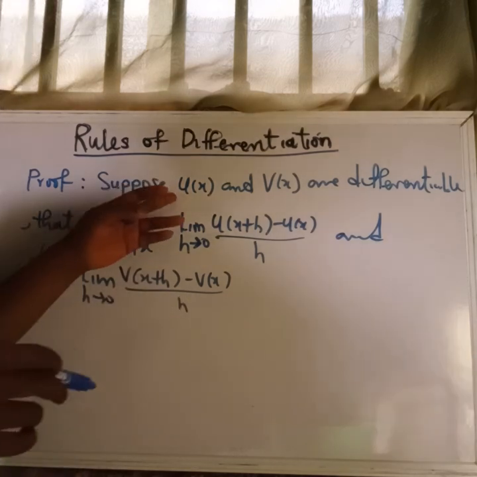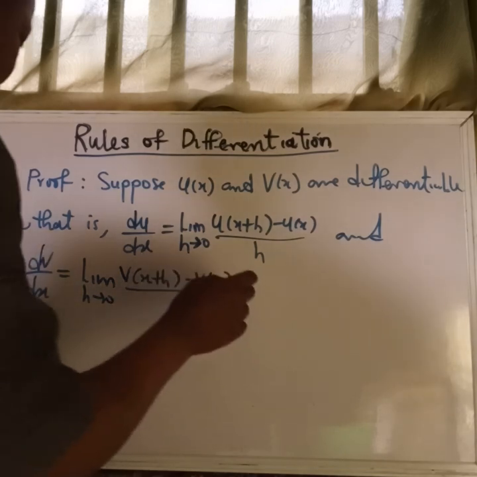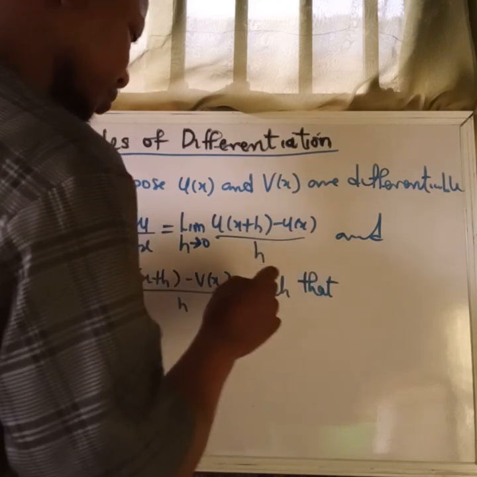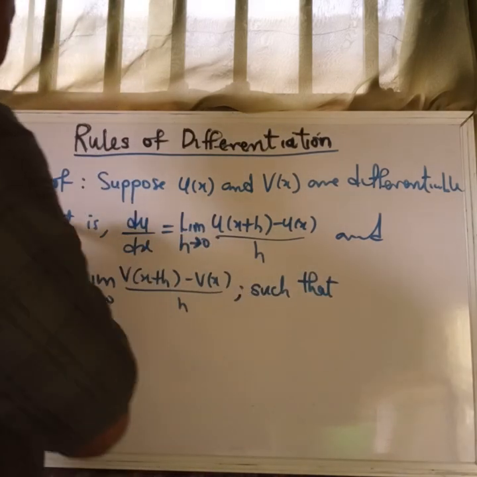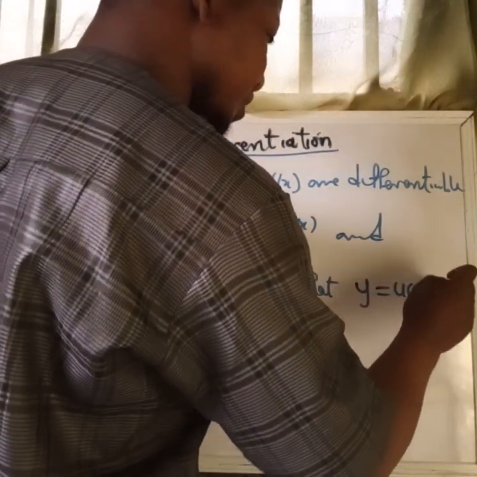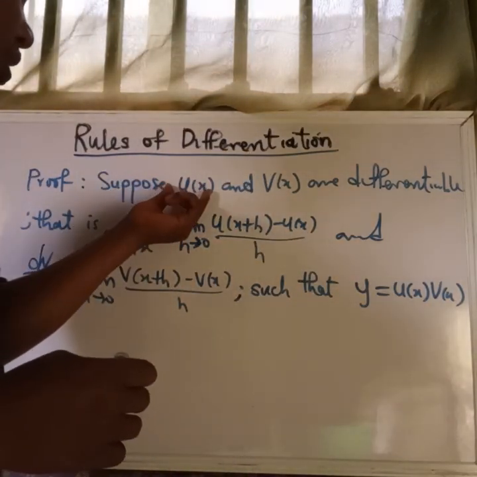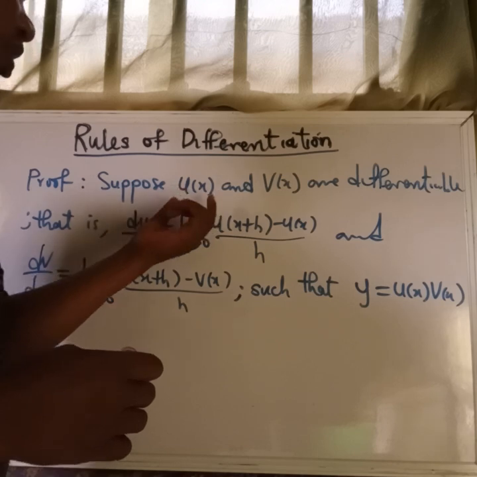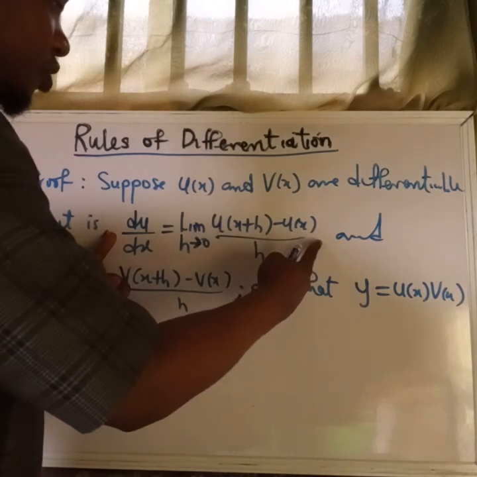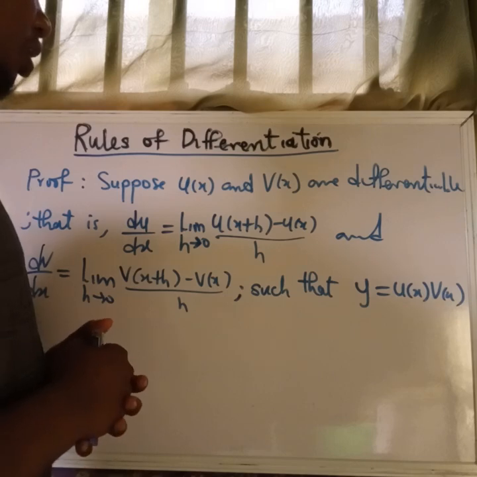This is what we mean when we say u of x and v of x are differentiable, such that y is equal to u of x v of x. What we are just trying to do is to explain that when we say u of x is differentiable, it means that the derivative of u exists. Same thing for v of x.